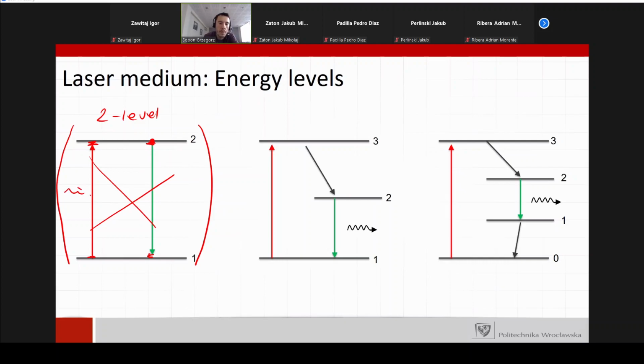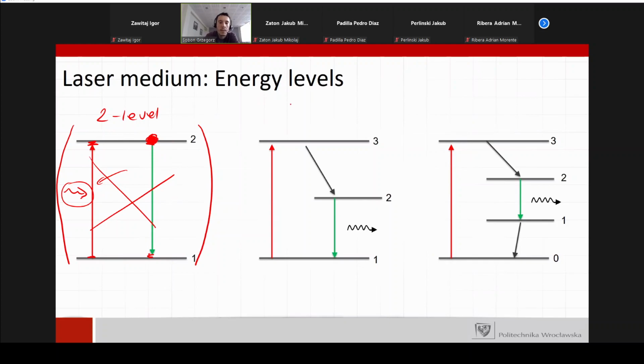So when the incoming photon comes from this side, we could have some kind of a collision, because some atoms would like to absorb this incoming photon, but on the other hand, the excited atoms would like to use this photon to induce stimulated emission. So in this case, this kind of system could not work.